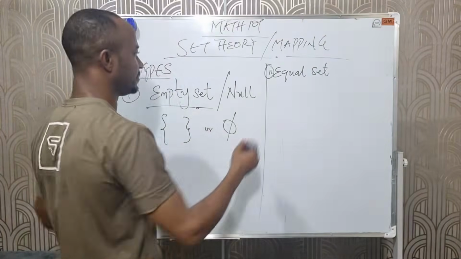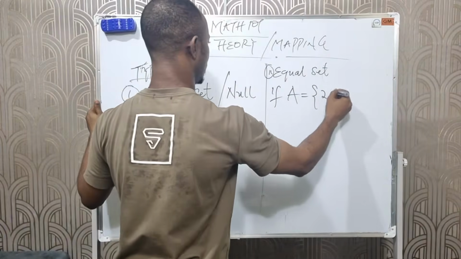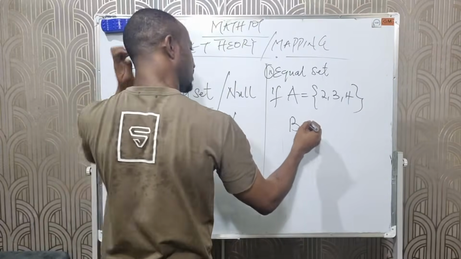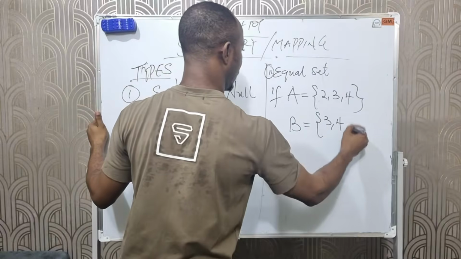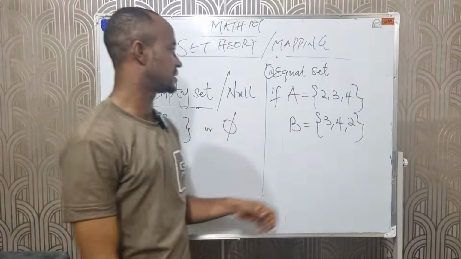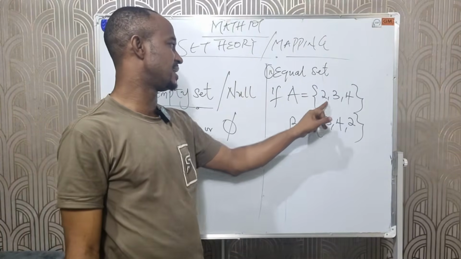For example, if set A is given as 2, 3, and 4, and set B is given as 3, 4, and 2, when you look at these 2 sets, you'll find out that both set A and set B have the same elements.